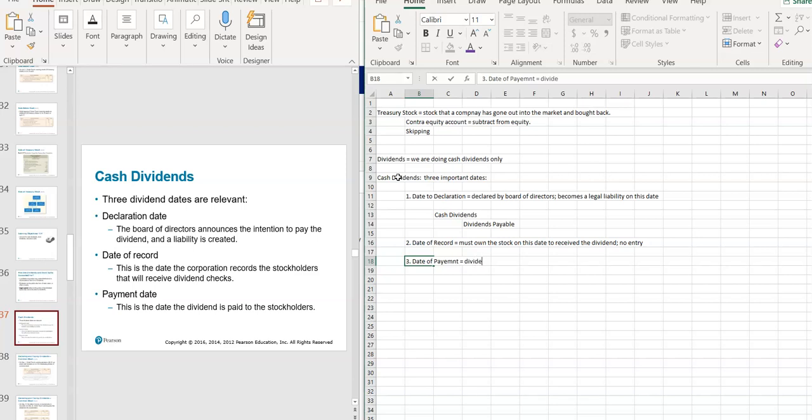All right, and this is when the dividend is actually paid to shareholders. And so that's just dividends payable and cash out the door.